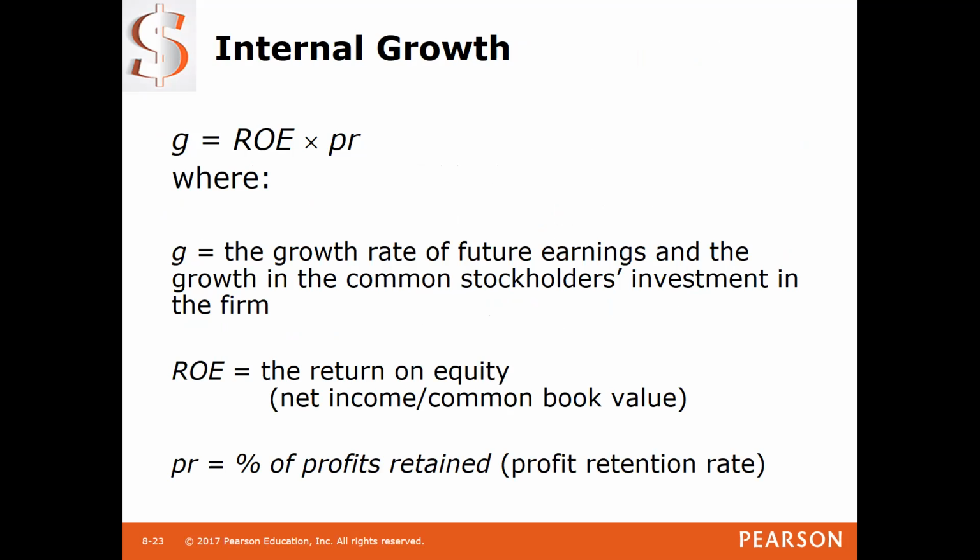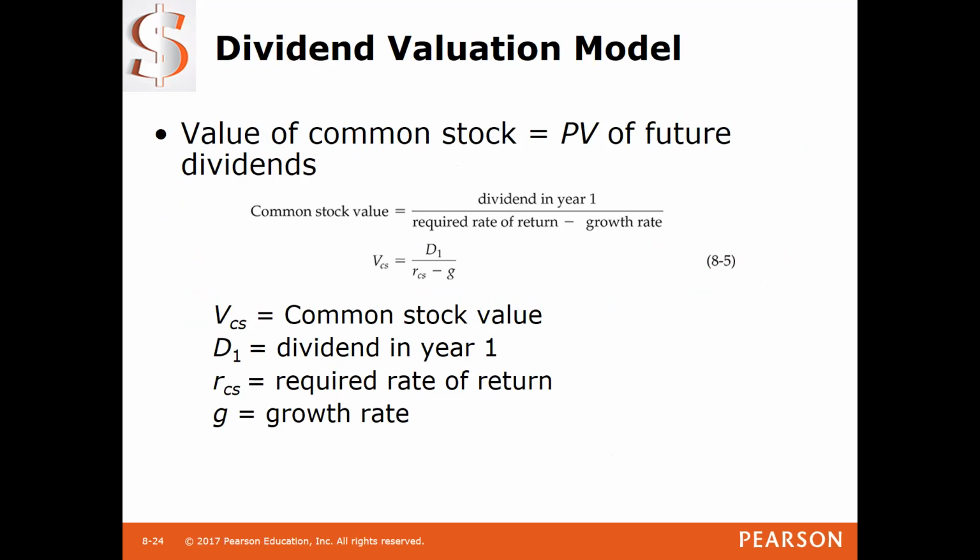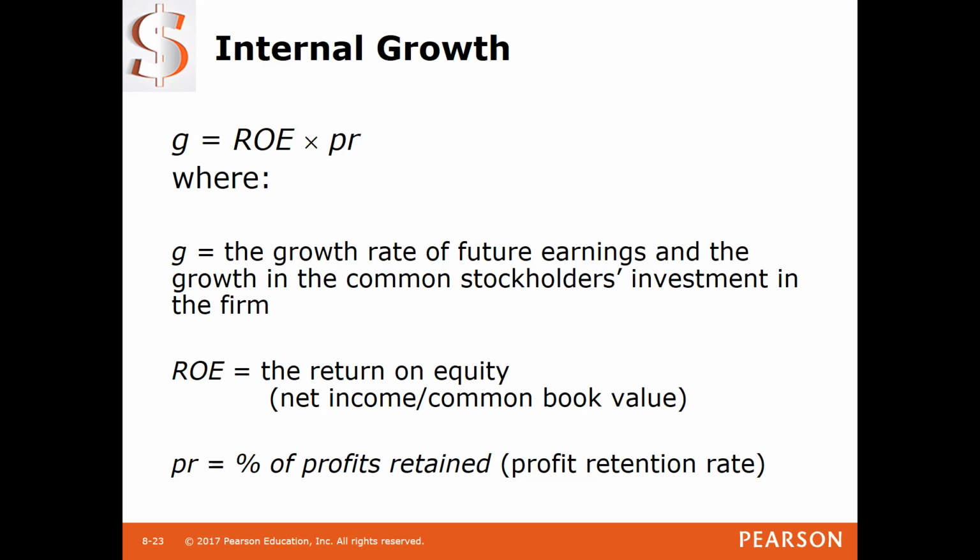So it's a ratio where we have the net income after tax divided by the shareholders' book value. Lastly, the profit retention ratio tells us what proportion of our annual earnings we are retaining to reinvest back into the firm. In other words, what portion of our profit we are not giving out as dividends.